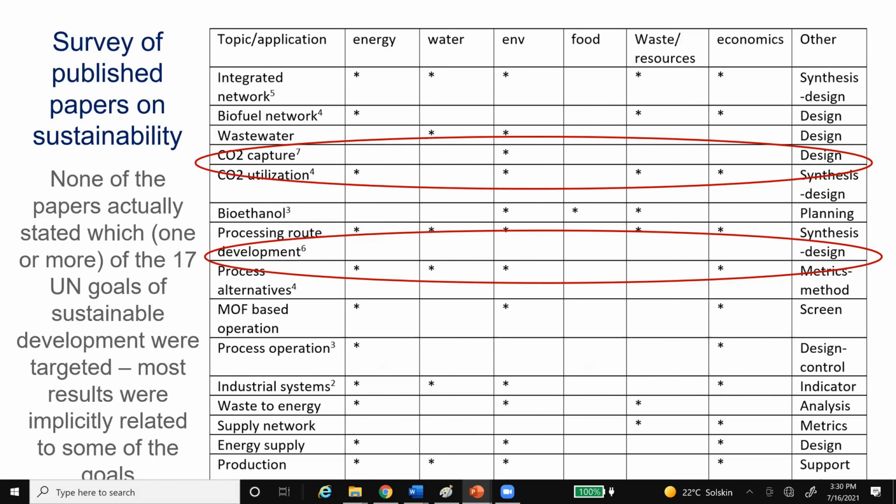Also, bioethanol and things like that don't really reduce the energy problem. It's another way of getting transportation fuel, so they're not satisfying the energy efficiency related issues. Only the ones that I've highlighted solve the energy efficiency related problems.